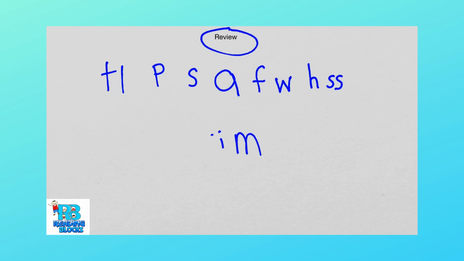And how about we'll do one more. We'll move our T and bring down our H, him. Good job. Now let's change this to W, and we have whim.